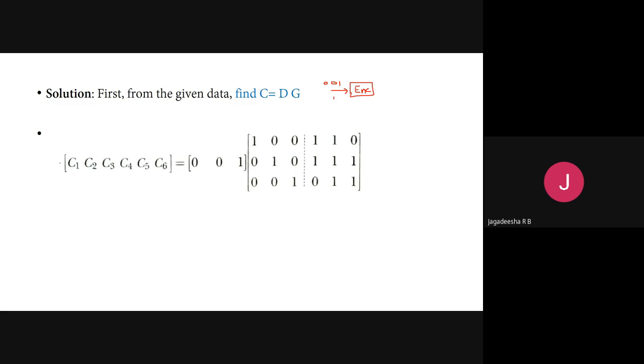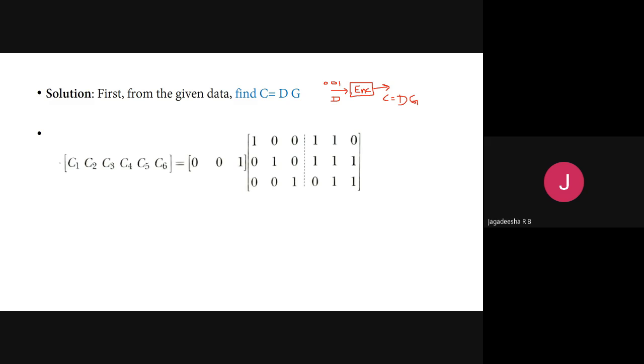This is the data input, D. Based on this data, it has to encode it into a code word. That code word we can get by using the equation C is equal to D into G. D is the input data, and G is a matrix that the transmitter, that is the encoder, and the decoder agree on. Initially, they agree on this particular pattern, and then the communication takes place.